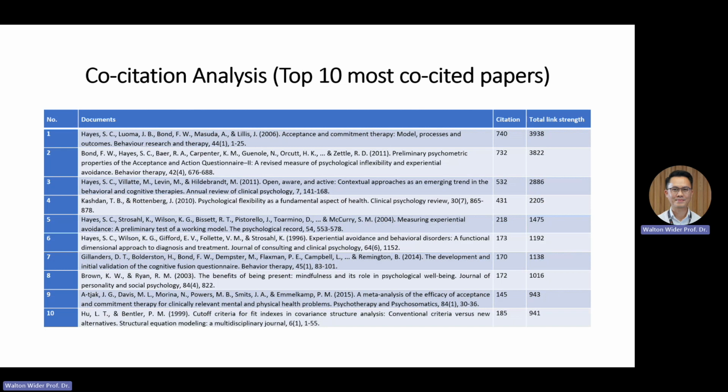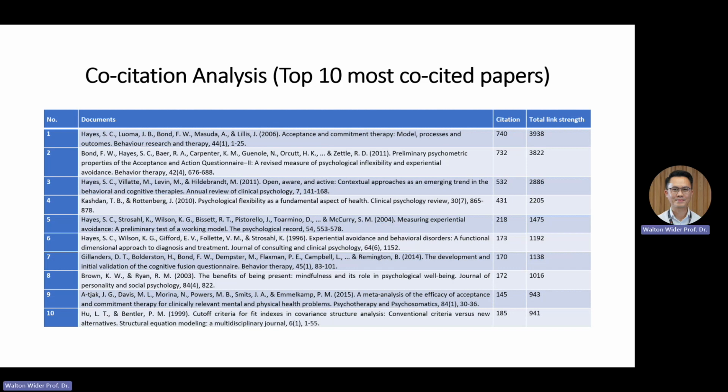Okay, so back to our study objective, which looks at the past trend and future trend of psychological flexibility research. So in co-citation analysis, we can actually identify the top 10 co-cited references first, looking into the strongest total link strength.